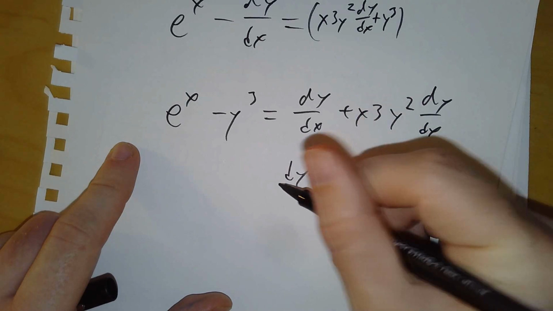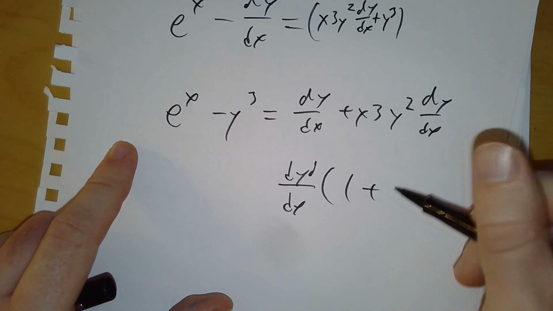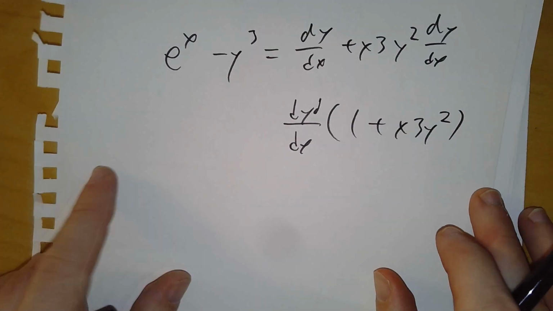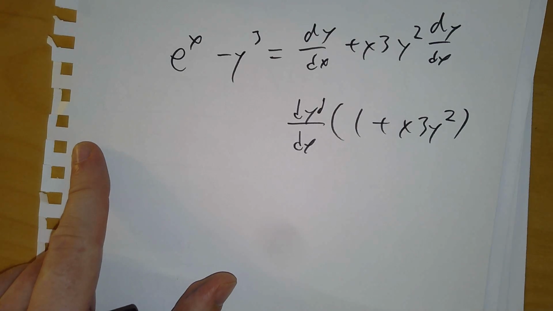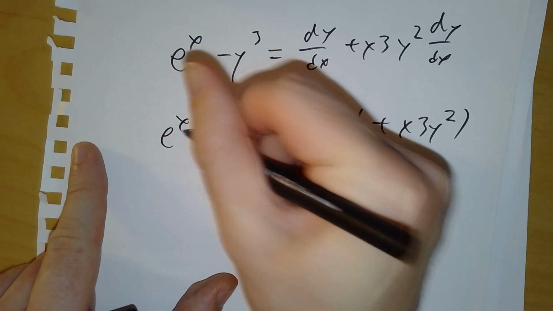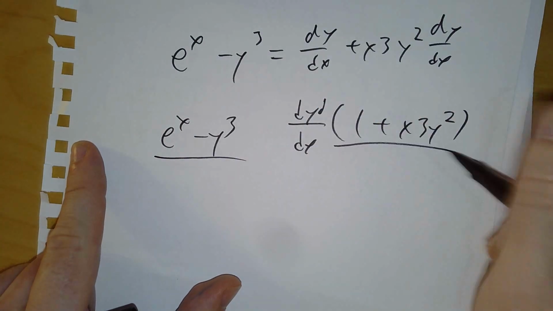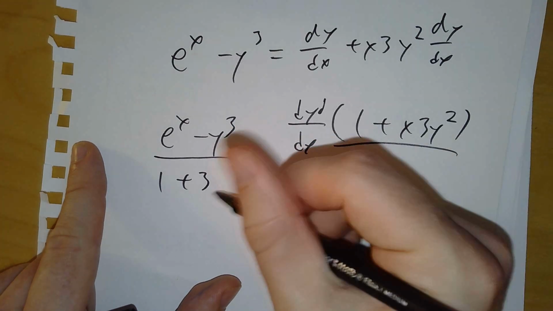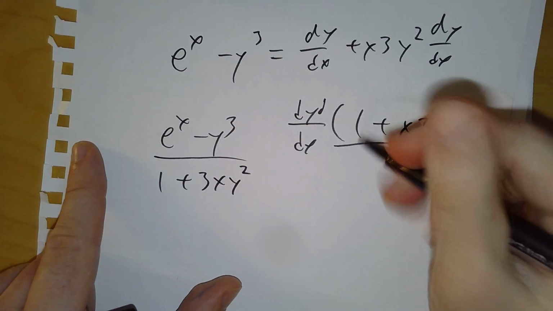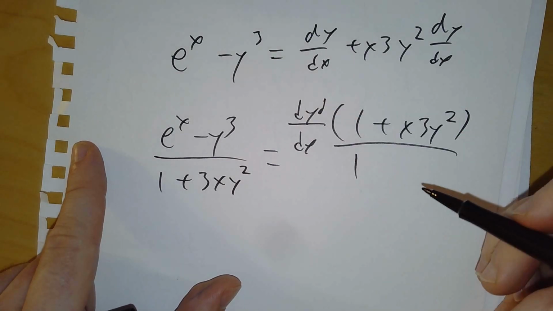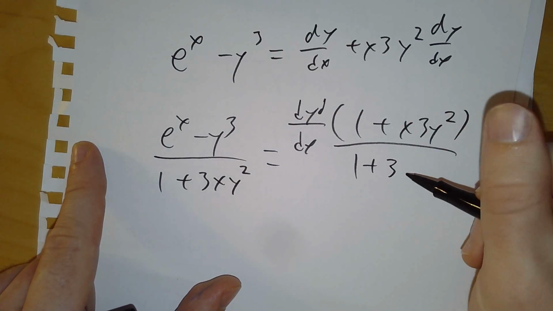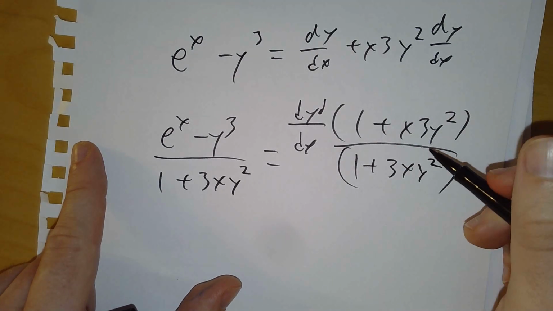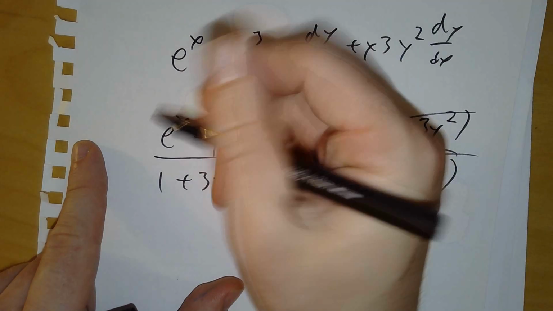Factor out dy/dx: 1 plus x 3y squared. At this point, I should move that 3 out front, but it's okay. Last step, e to the x minus y to the third, and then we're just going to divide both sides by 1 plus, I'll write it properly, 3xy squared. You're not going to get points taken off for that. It's just the done thing that you always put the coefficient out front rather than in the middle. Okay, that cancels.